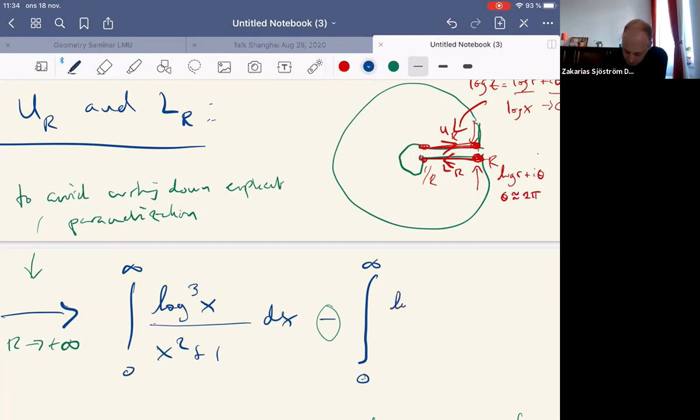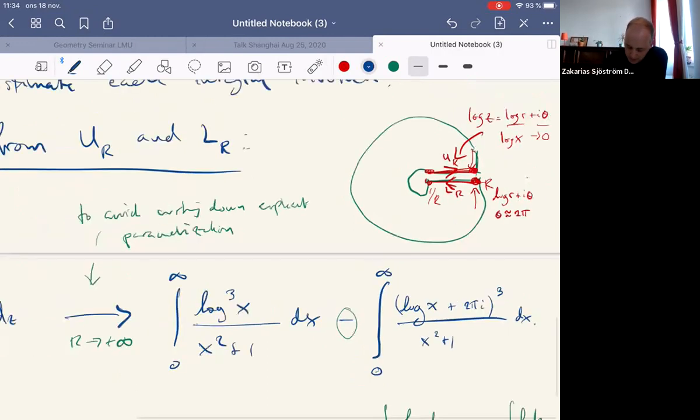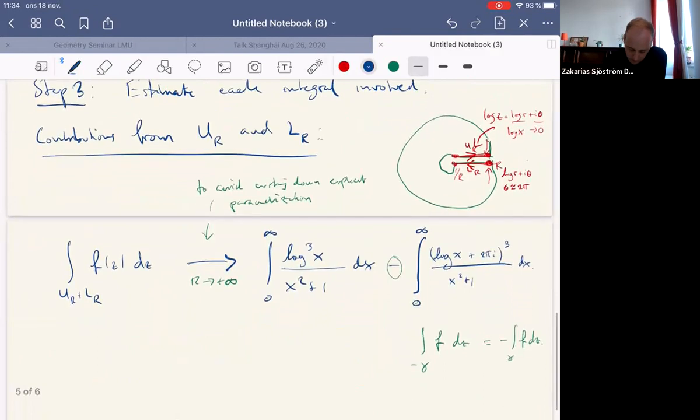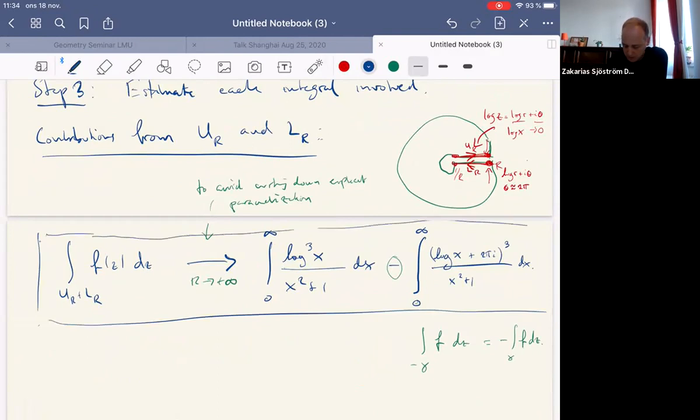So what we'll get here is log r, and the log r will tend to log x. So it will go to log x plus 2 pi i, cubed over x squared plus 1 dx. And this really is the key secret of why you chose all of this in the beginning.